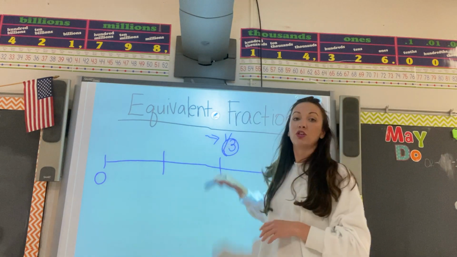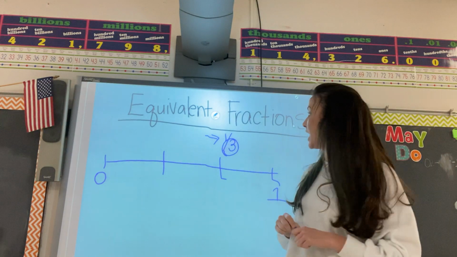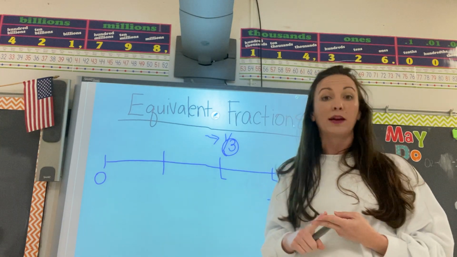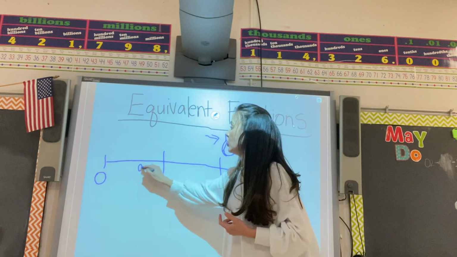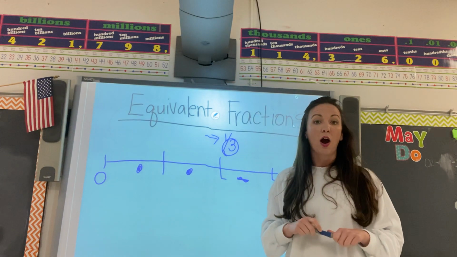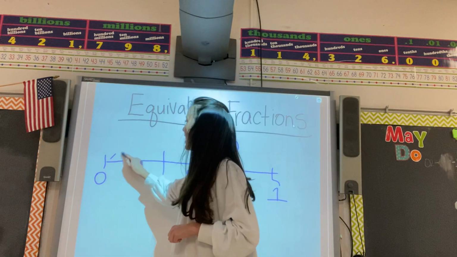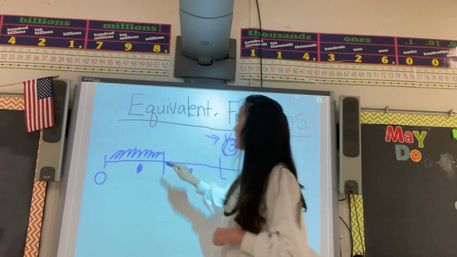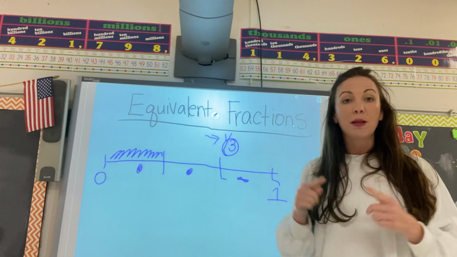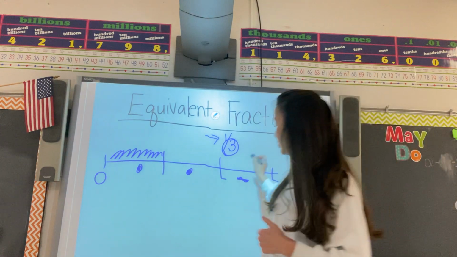So I need to have 1 part shaded on the top. A lot of you, when you were completing your whole group and your seat work, I saw a lot of this. You put your dots here, you checked for 3 parts, and then you did 1 shaded. You shaded on the top. Now remember, this visually shows me 1/3. I want to plot 1/3 on that fraction number line.